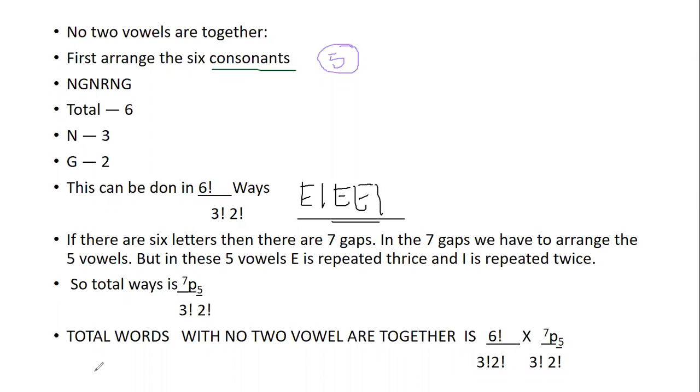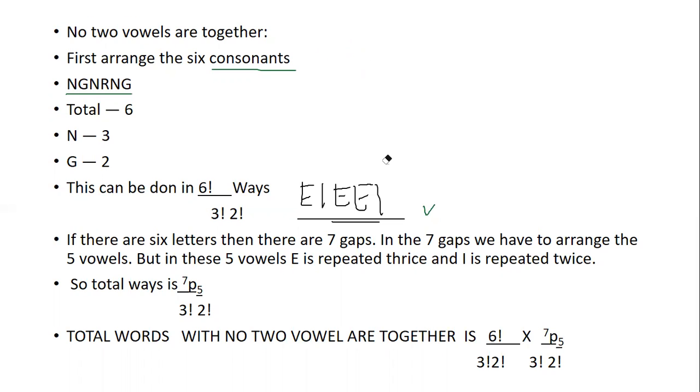We're going to do this problem in a similar way. Here we have vowels and the remaining are consonants. They are saying no two vowels should be together. It's like no two girls should be together. The consonants are like the boys, and we have 6 consonants. So let us arrange the consonants first.